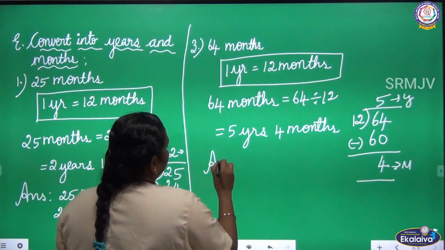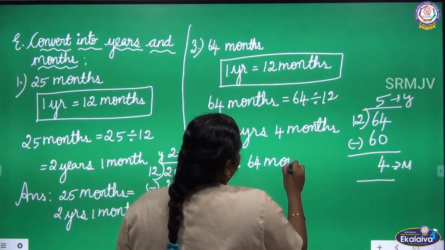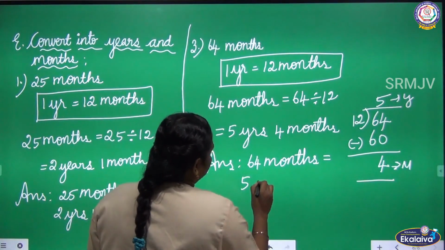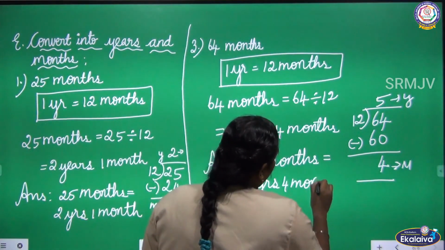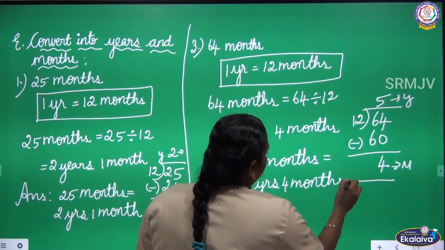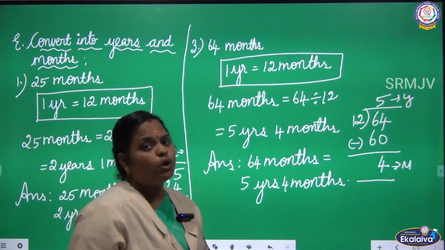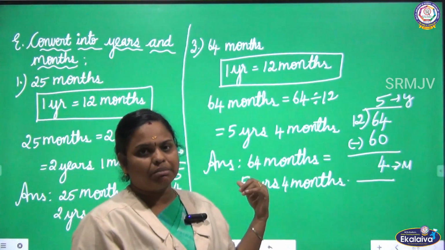So answer, 64 months equal to 5 years and then 4 months. I hope you all understood. So exercise 2.2 we have completed.